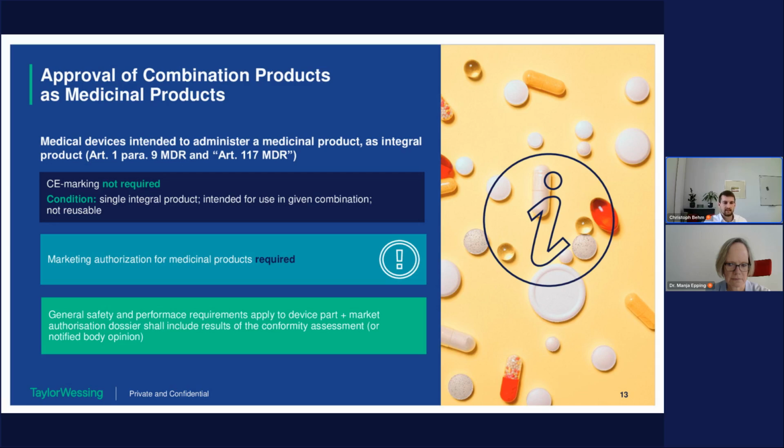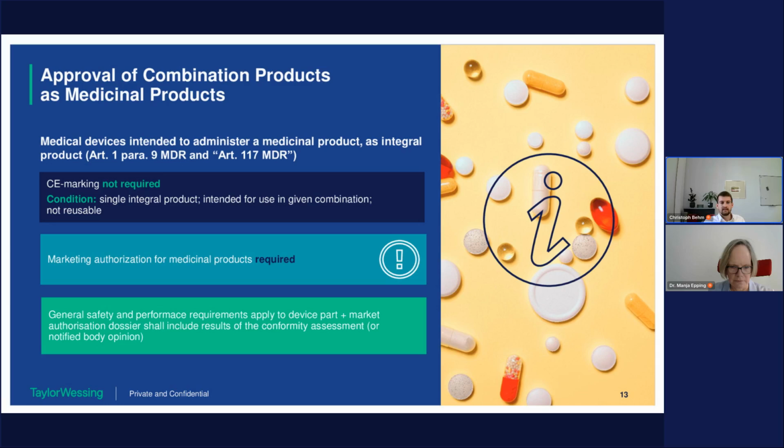First, the device and the medicinal product must form a single integral product when placed on the market. That's the differentiation from two co-packaged devices. Second, the single integral product is intended exclusively for use in the given combination.